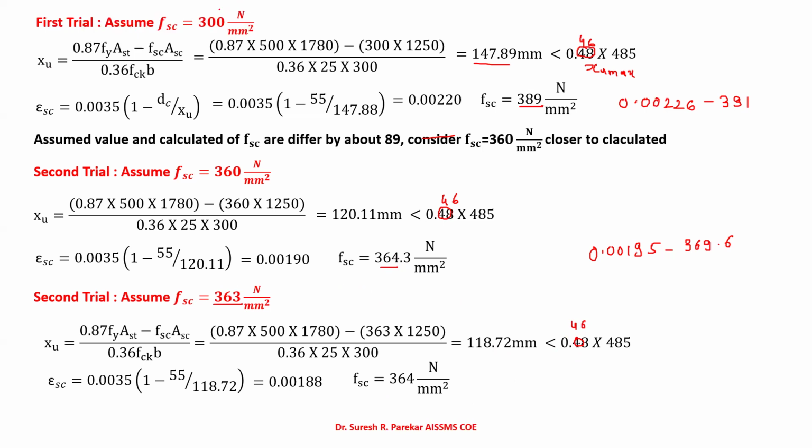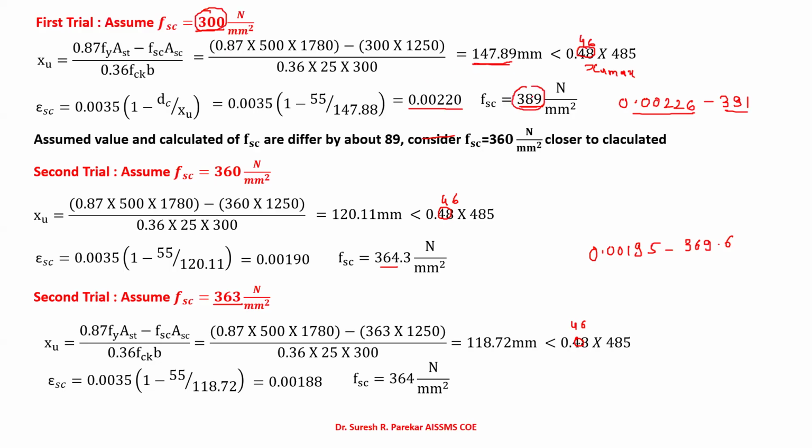Now try to understand. The first value I have assumed is 300. Getting this value 300, I got the value of XU 147. For this value of XU 147, I have epsilon SC 0.00202. I have considered close to 0.00226, 390, when I have considered 389. Then we have value assumed 300, value we have 389.